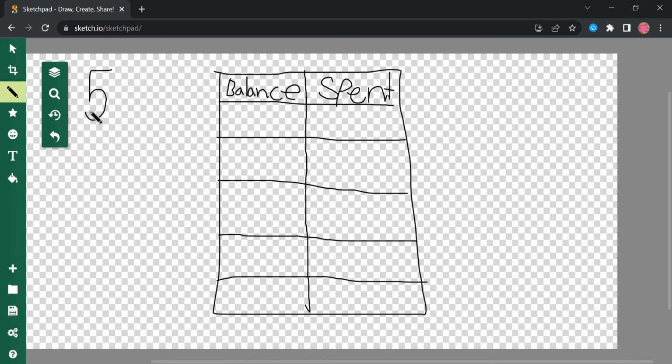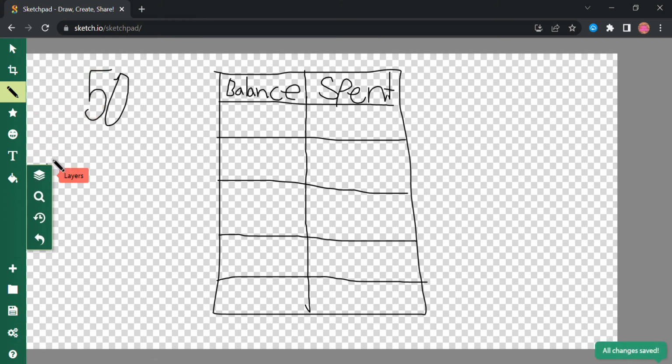So if you start with 50 of whatever your currency may be, I will use US dollars. You may have rubles, euros. If you have any of those kind of things, you could use that. I'm just using the US dollar sign.